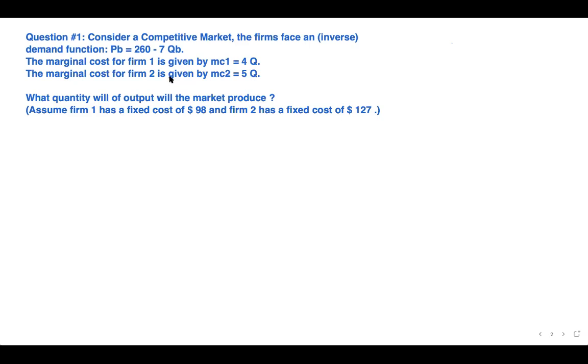And if you're wondering why, well, again, the big picture is this is all tied to the first fundamental welfare theorem that tells us that a competitive market is efficient.